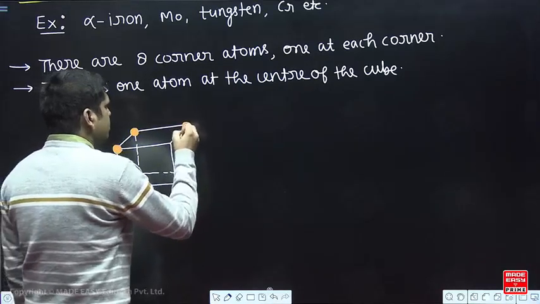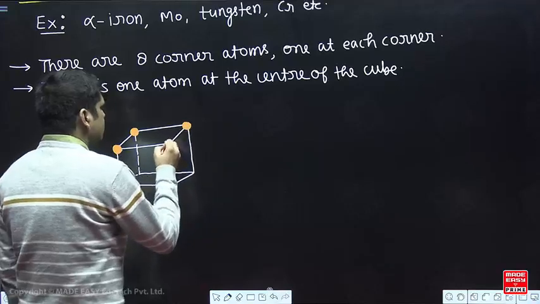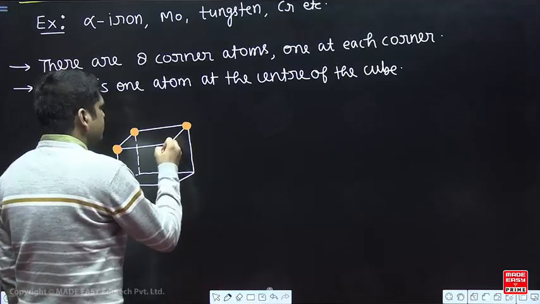So at each corner there is 1 atom, so there are 8 corner atoms.